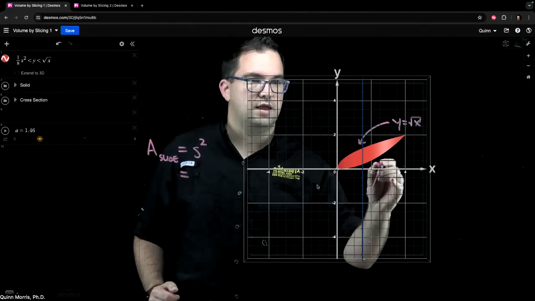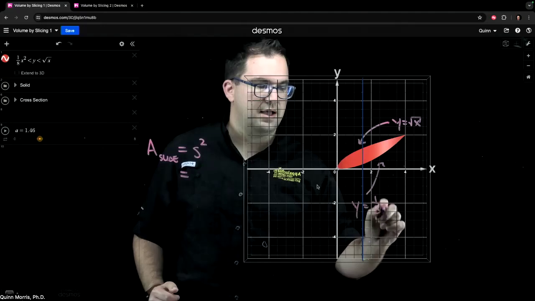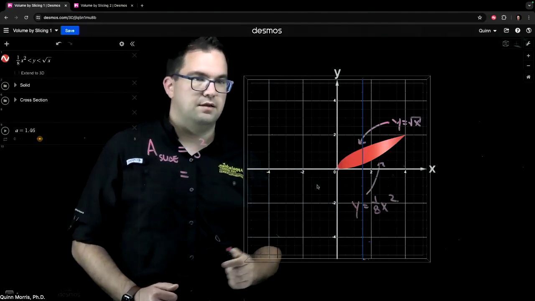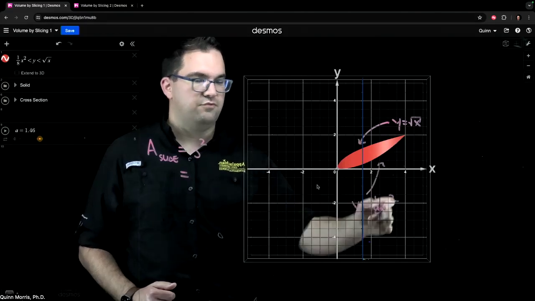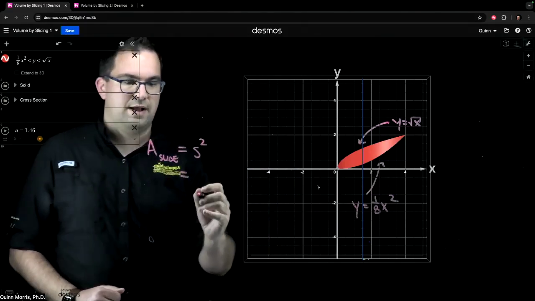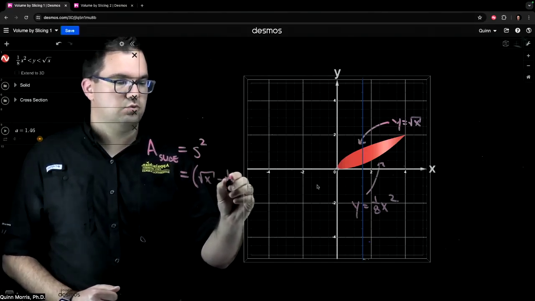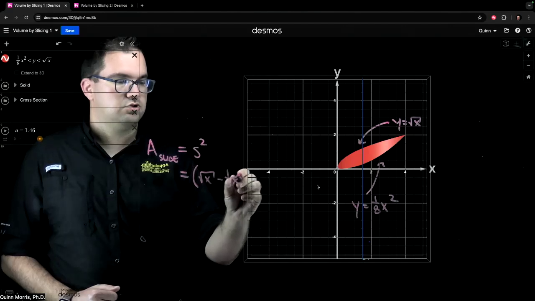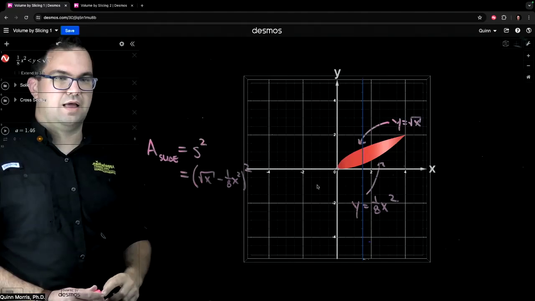This lower function down here is y equals 1/8 x squared. And so the height, the difference between them, will just be the difference between these two functions. So back over here, this is really just the square root of x minus 1/8 x squared to get the area of my slice.